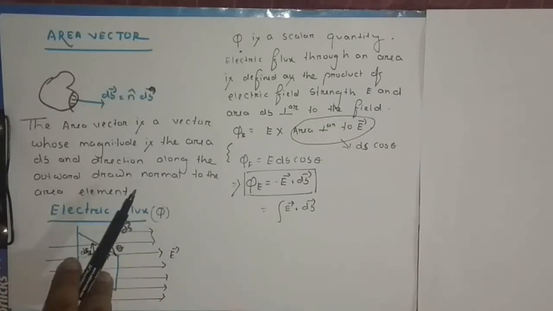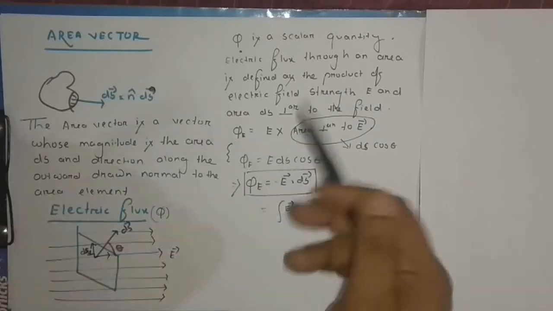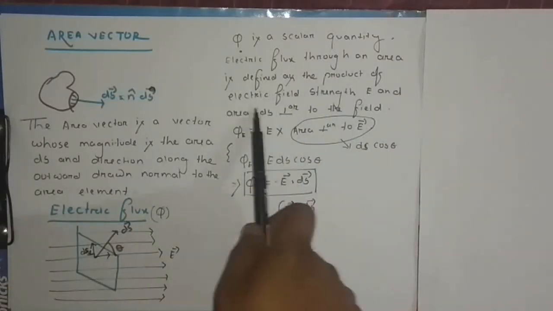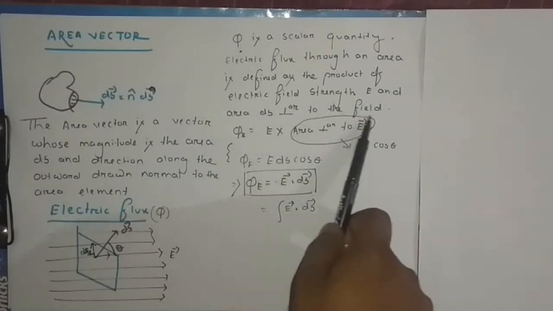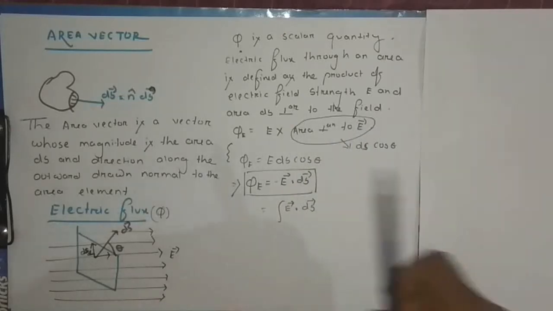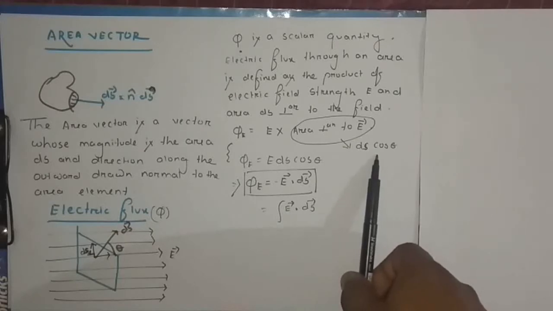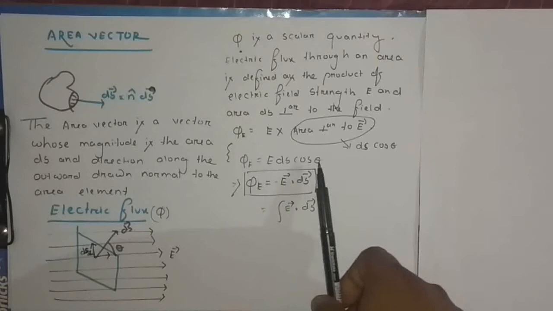That we have to consider here. So flux through an area is defined as the product of electric field strength and the area perpendicular to the electric field. Now the area perpendicular to the electric field is ds cos theta. That's why flux is E ds cos theta.